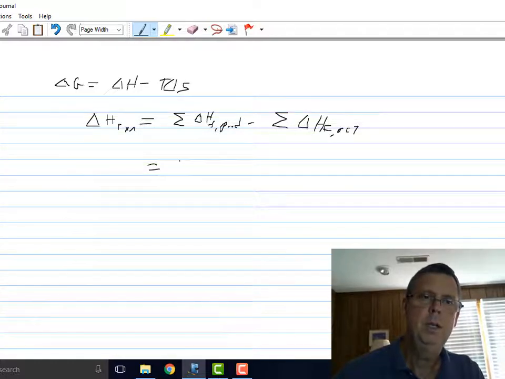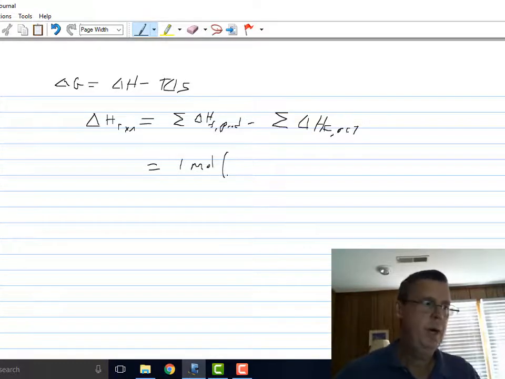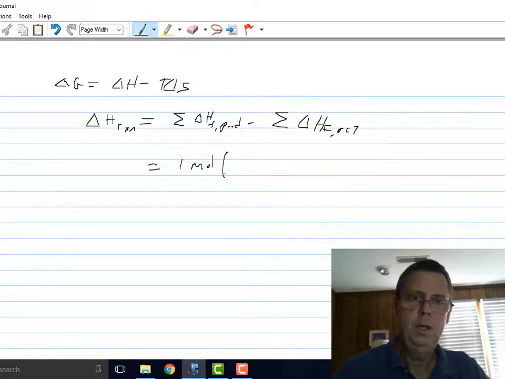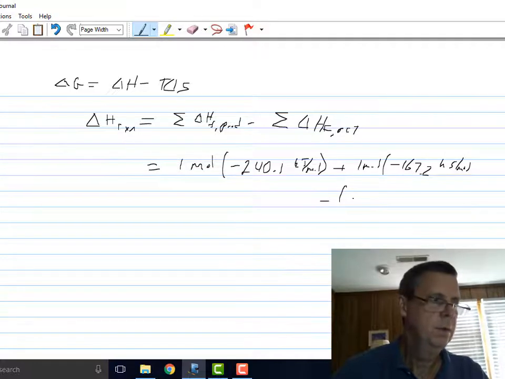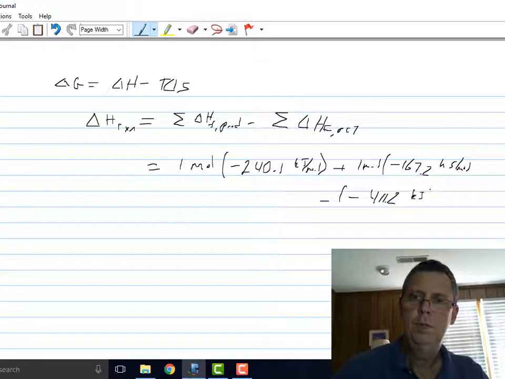So this is going to be 1 mole times the delta H formation of sodium ions, which is negative 240.1 kilojoules per mole, plus 1 mole times chloride, negative 167.2 kilojoules per mole, minus negative 411.2 kilojoules per mole.